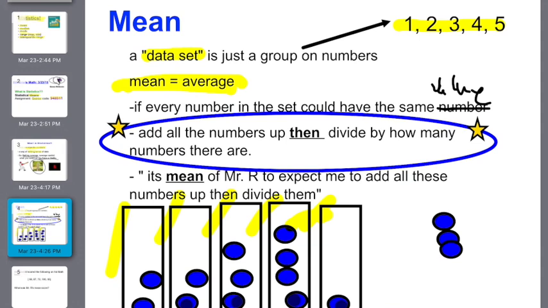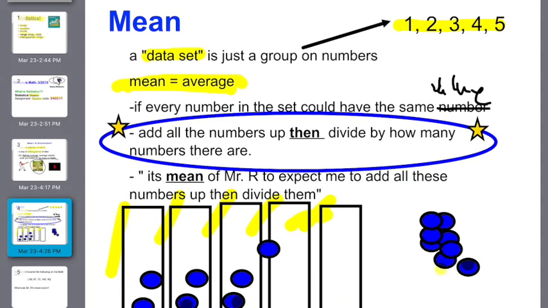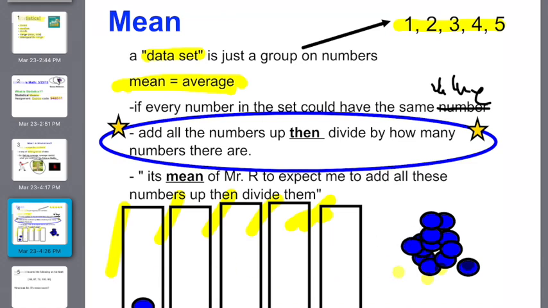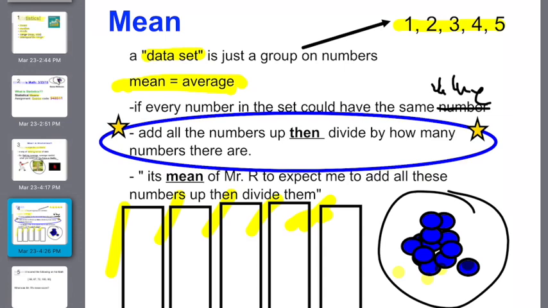So why don't we take all these out and just put them in a big group? And if we do that, what operation do you think we are using? Well, now I just have a big group of things right here. How many are in there?